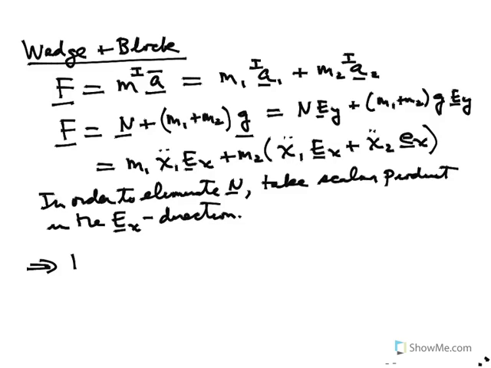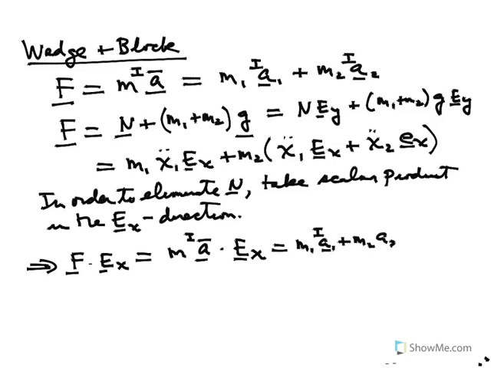That says that F dotted with EX has to equal the mass times the acceleration of the center of mass dotted with EX, which is equal to M1 A1I plus M2 A2I dotted with EX.